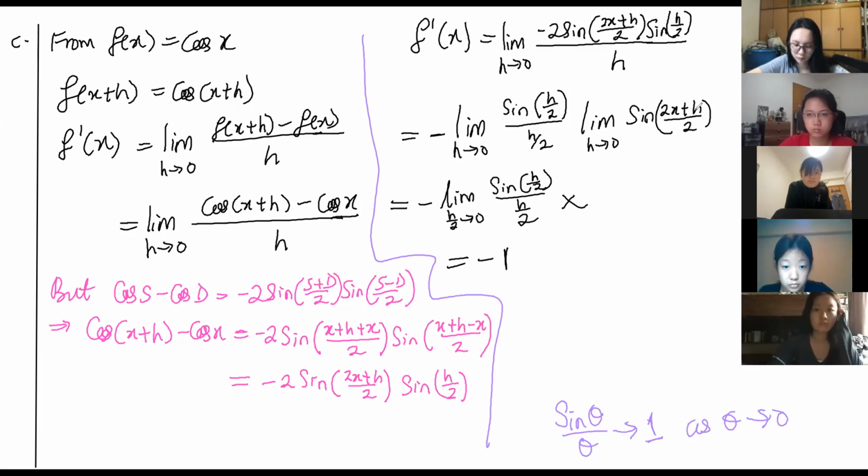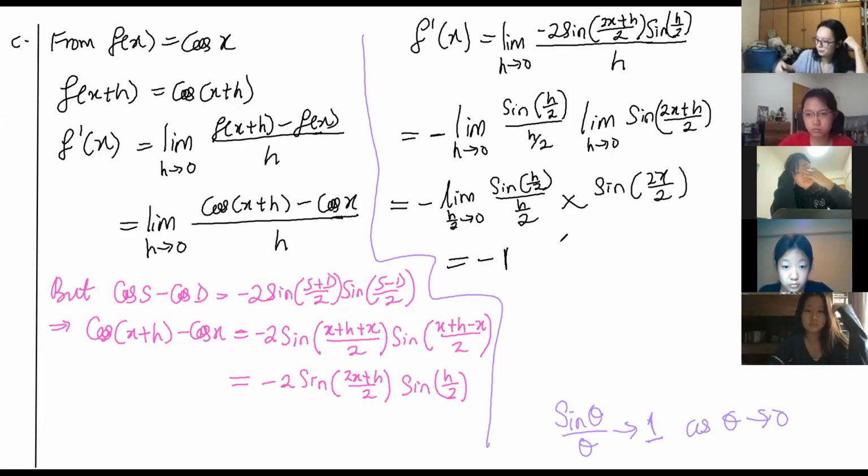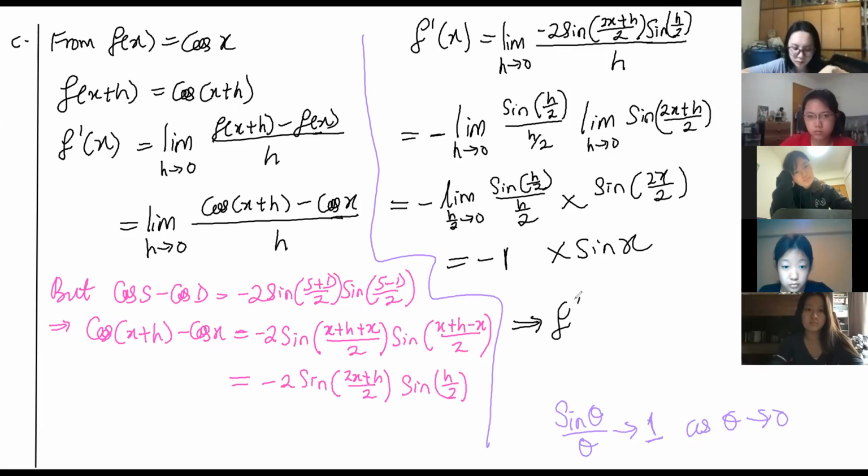Because the limit exists that way. And that will be sine x. So the final result is f dash of x is negative sine x.